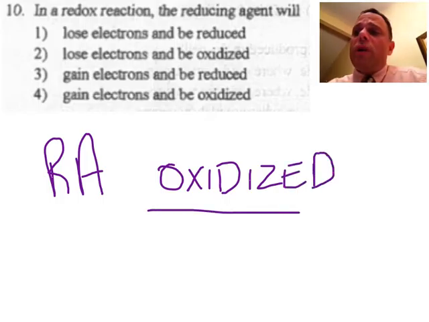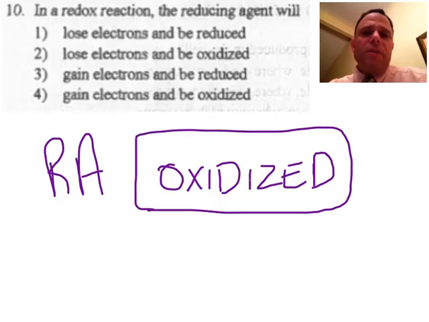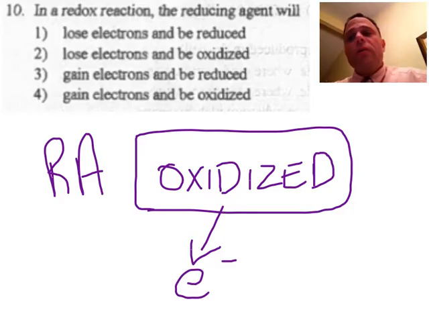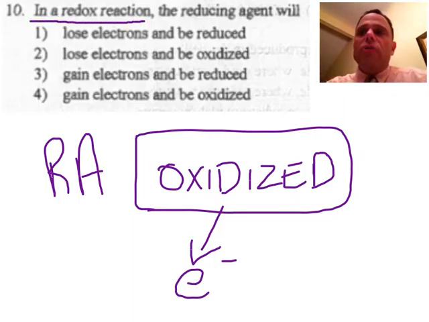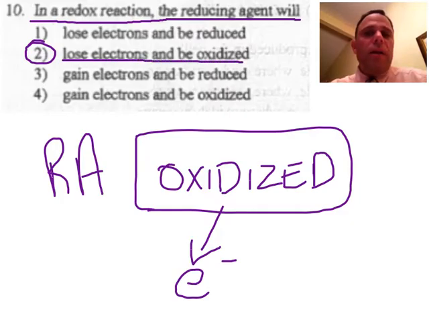Because you have to realize once again, if the substance is being oxidized, it must be losing its electrons, and it must be losing its electrons to the substance that is being reduced. So therefore, it is considered the reducing agent. So back to the question, in a redox reaction, the reducing agent will do what? Well, it will lose electrons and be oxidized.